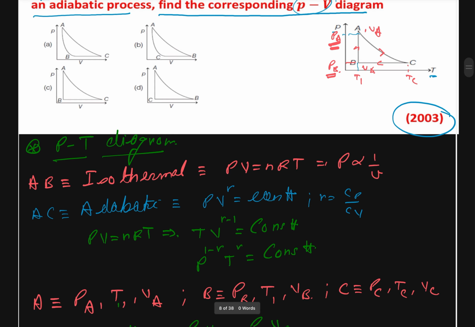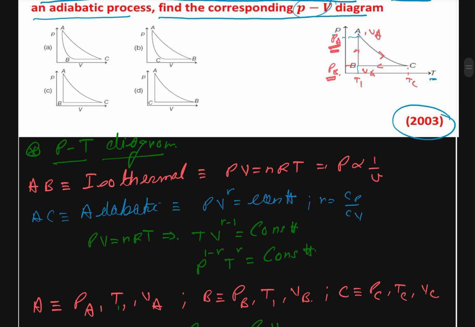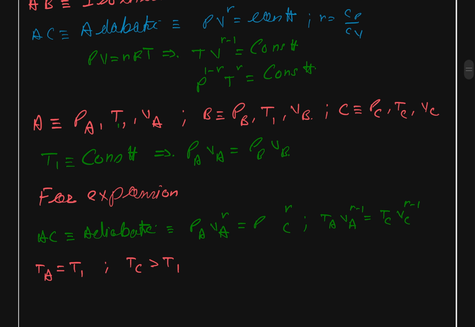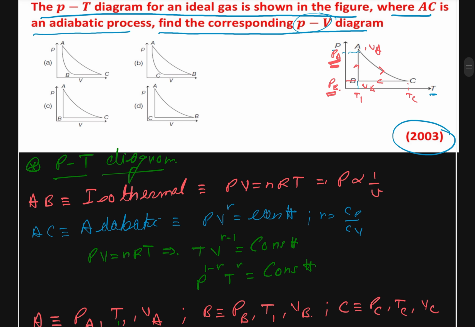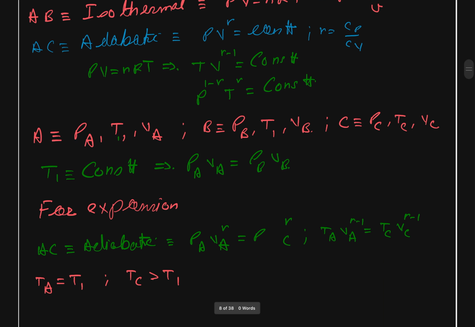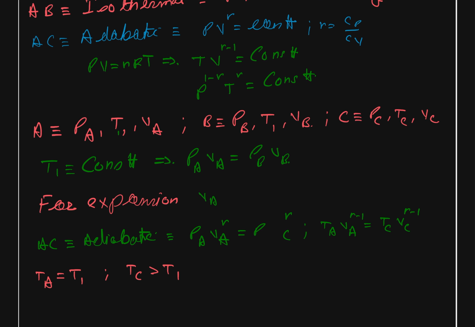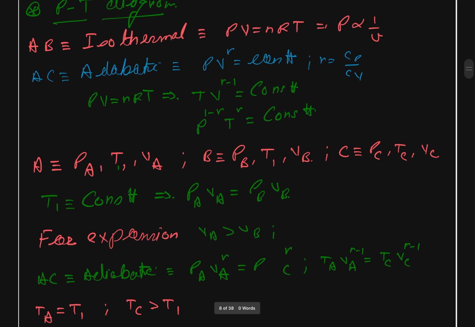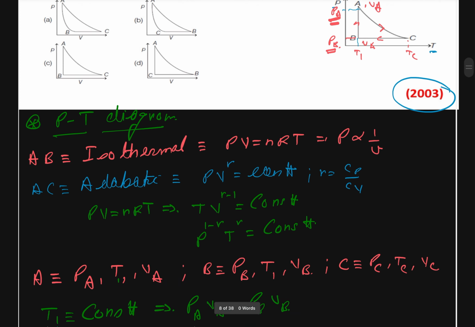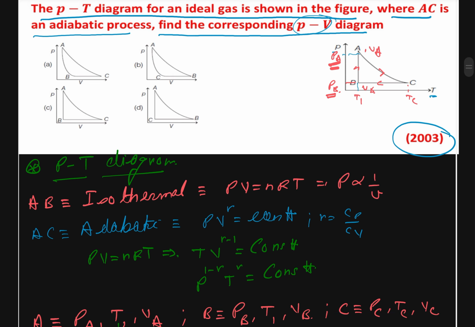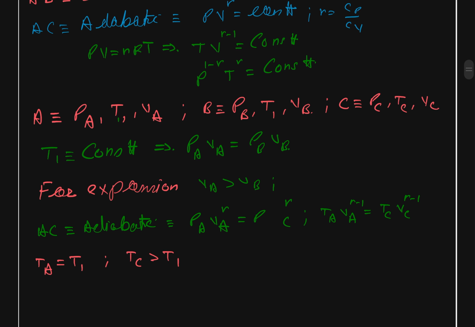So if it is expansion, then VA will be greater than VB, and PB will be greater than... I think it is somewhat okay.